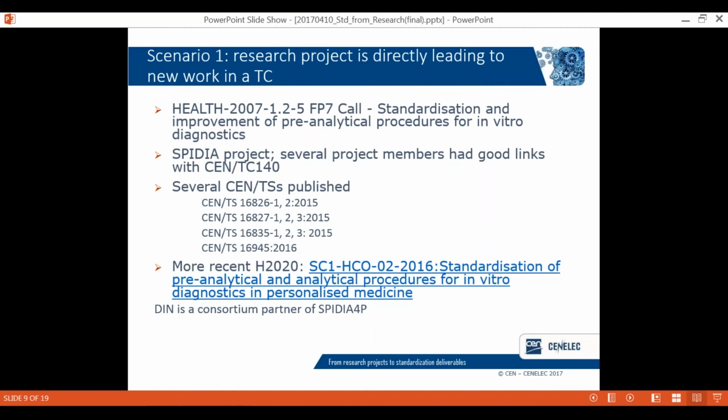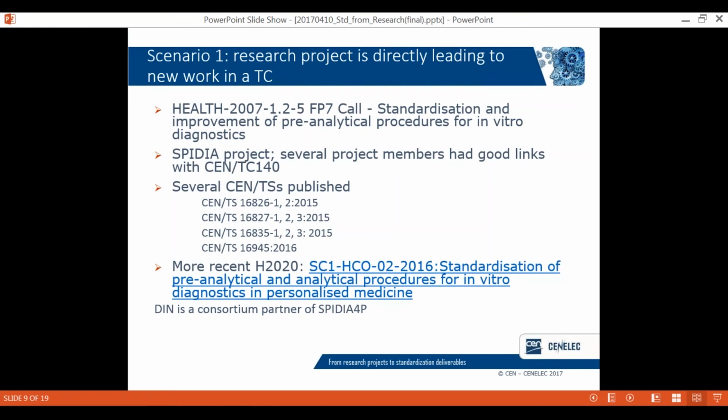It was even part of the call topic's title. And so the project that contributed here, the SPIDIA project, had several project members that, at the project initiation stage, had strong links with CEN-CENELEC, which was covering in vitro diagnostic medical devices. And this of course made the uptake at the TC level much easier.